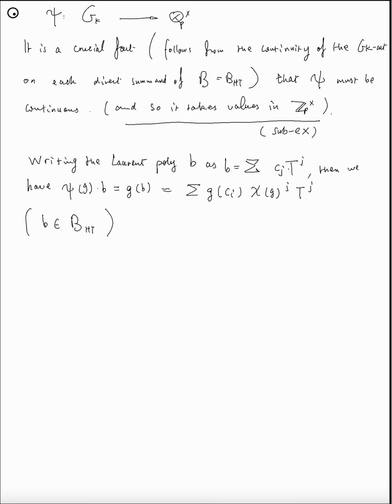This condition is just saying that while your J action stabilizes this straight line, so this is again in this straight line of QP of b, while this is the Galois action in view of an element in this BHT.